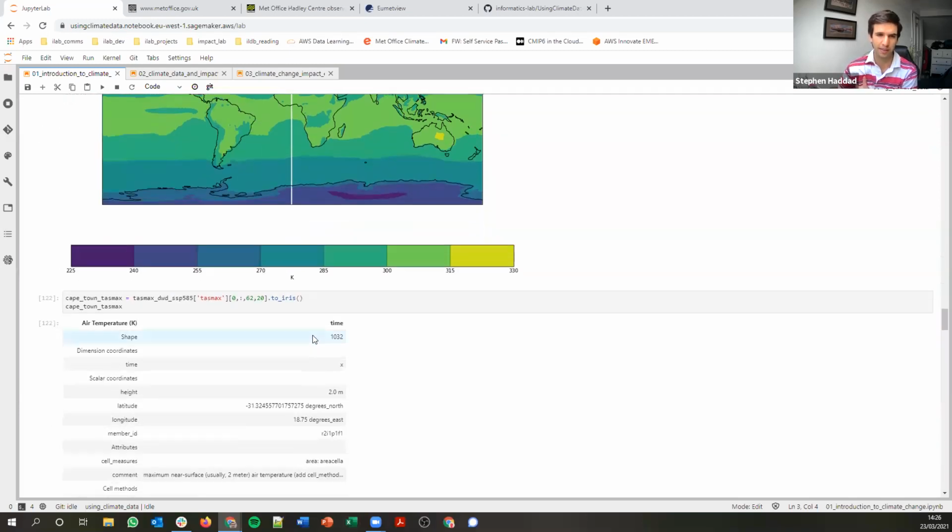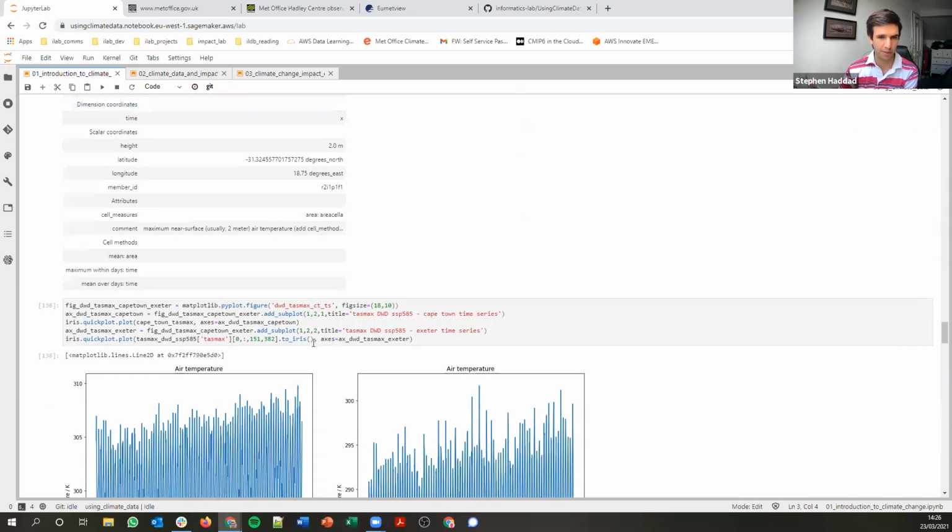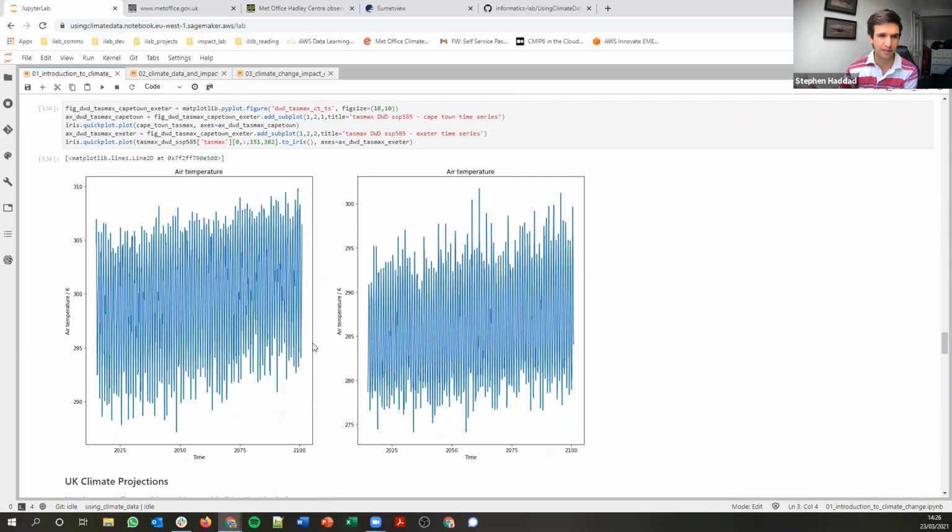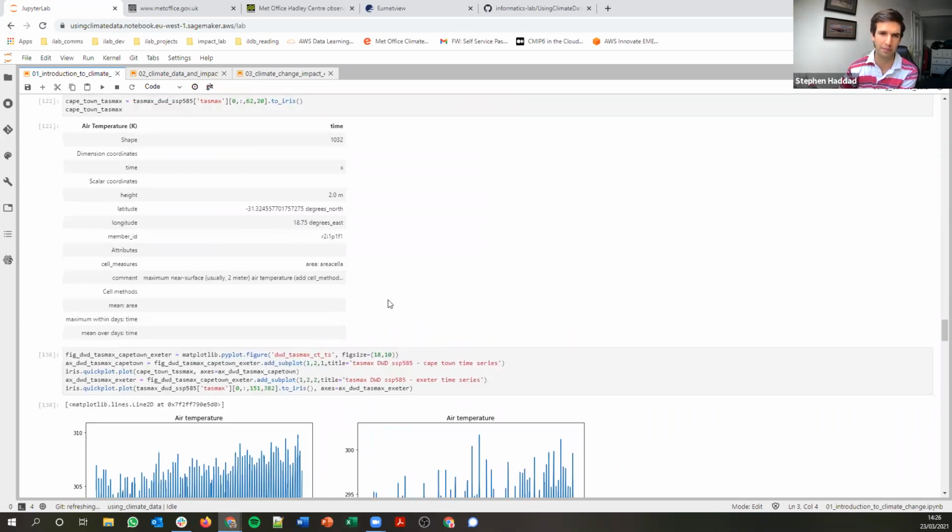And similarly, you can plot a time series. For example, I've compared two time series for average monthly temperature for Cape Town, where I'm from, on the left, and for Exeter on the right. You can see a gradual upward trend between 2015 and 2100, which is when this particular data set runs. So that's a global climate temperature data set.